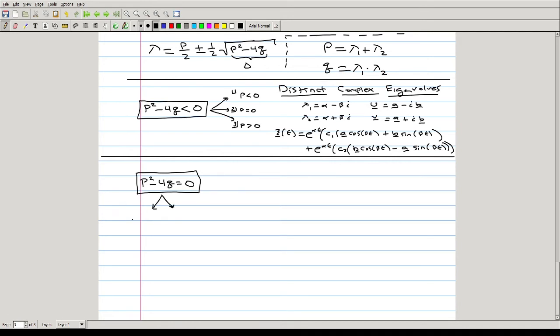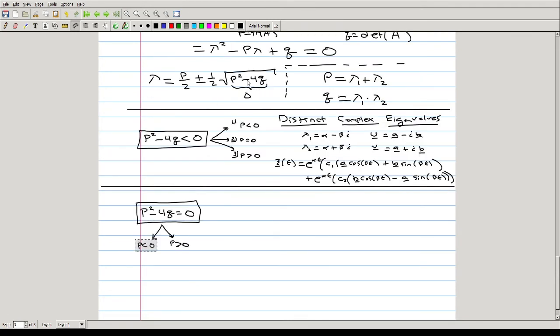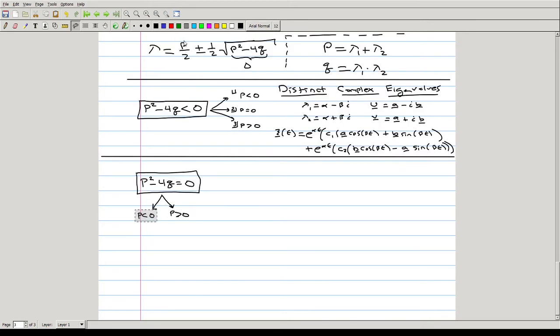We can have still p be less than 0, or p be greater than 0. You could also consider p equals 0, but that would give you the determinant equals 0, which we're not looking at right now. So, because p squared minus 4q is equal to 0, the discriminant will be 0, so the eigenvalue lambda is going to be equal to just p over 2 itself, where p is a real value.